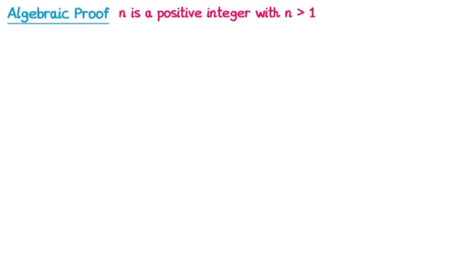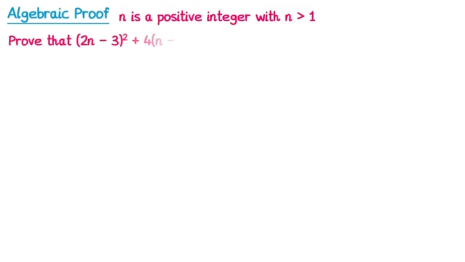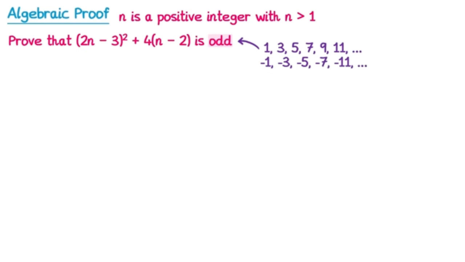What about if instead we had to show that a number was odd, like this one here? By odd numbers, we mean the numbers 1, 3, 5, 7, 9, 11, and so on, and also the negative ones, negative 1, negative 3, and so on. Notice how all of the odd numbers are just one more than an even.